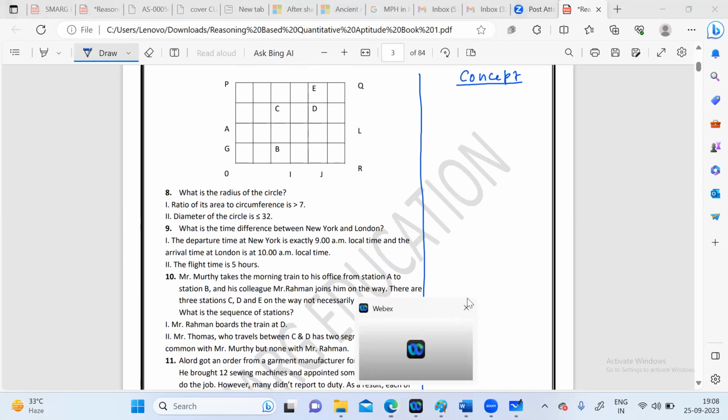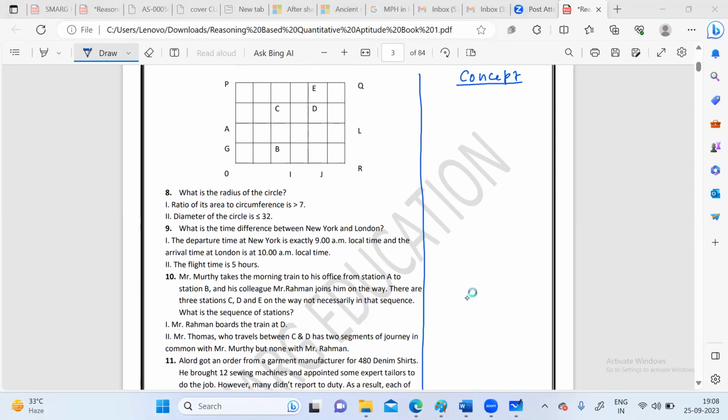Last time we had discussed that if x plus y is 20, the maximum x into y would be 10 into 10, 100, which we will get when x is equal to y.